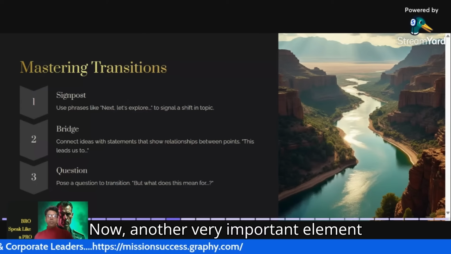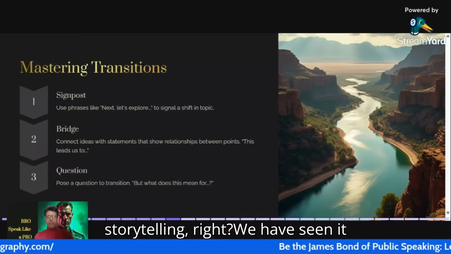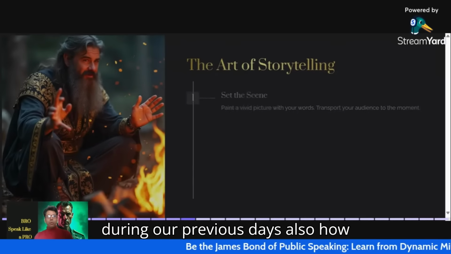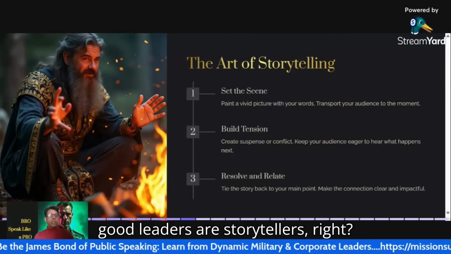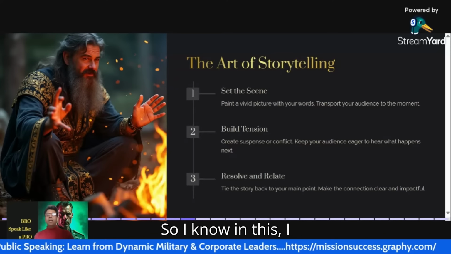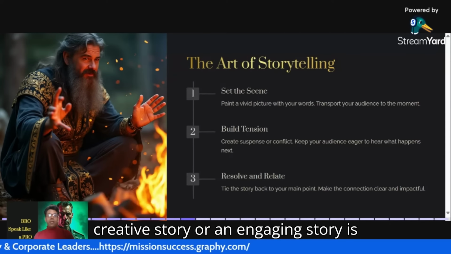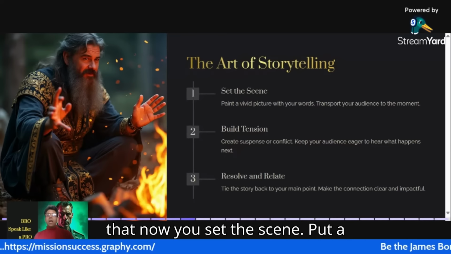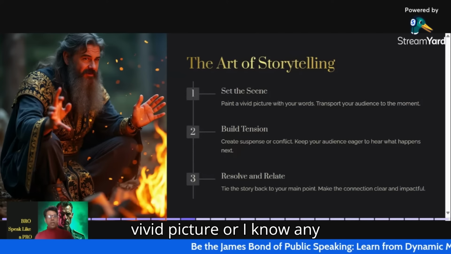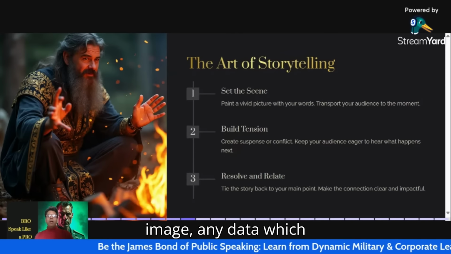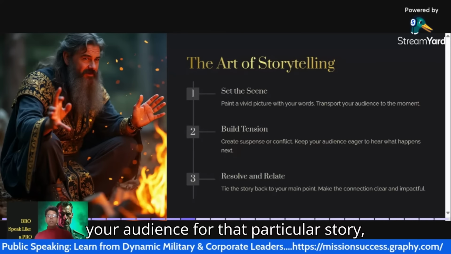Now, another very important element of any presentation is storytelling, right? We have seen it during our previous days also, how important it is. And in fact, most of the good leaders are storytellers, right? So how do you start narrating a creative or an engaging story? You set the scene, put a vivid picture, or any image, any data, which generates curiosity amongst your audience for that particular story, right?